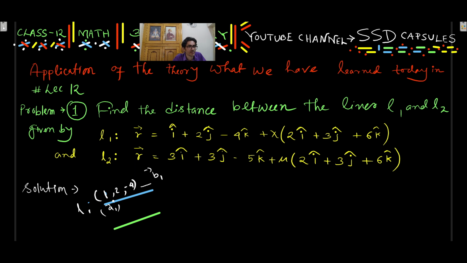So line L1 is parallel to B1 vector. Direction ratios of B1 vector are 2, 3, 6. From the equation given in the problem, we directly write these values. Again, say this is line 2.